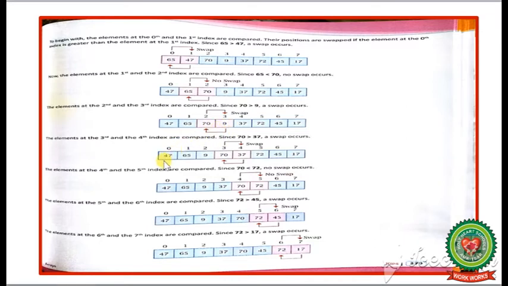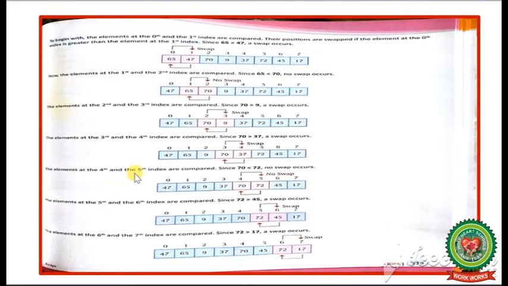Now the list becomes like this: 47, 65, 9, 70, 37, 72, 45, 17. The elements at the third and the fourth index are compared. Since 70 is greater than 37, again a swap will occur.